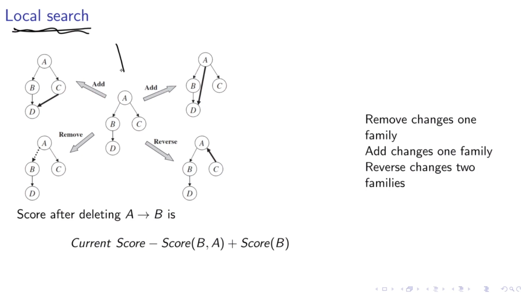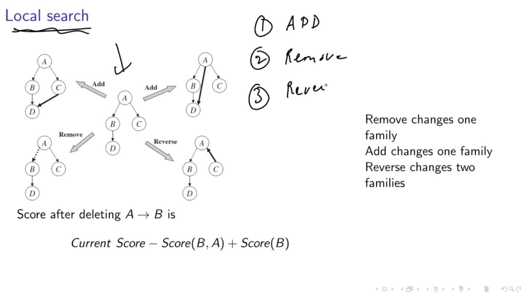You start with a random structure and you define the neighborhood of the structure as other structures that can be computed from the current structure by performing three possible operations. The first operation is adding an edge to the current structure. The second is removing an edge from the current structure. And the third is reversing the directionality of an arc from the current structure.